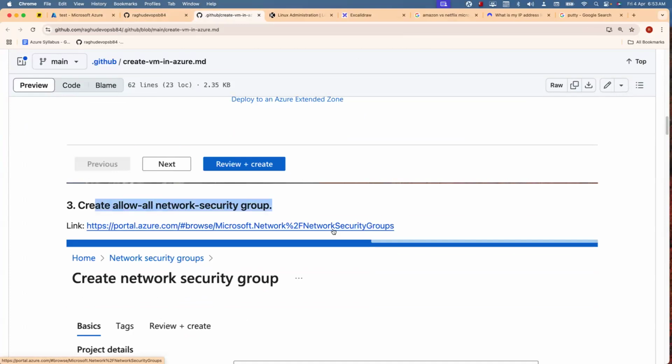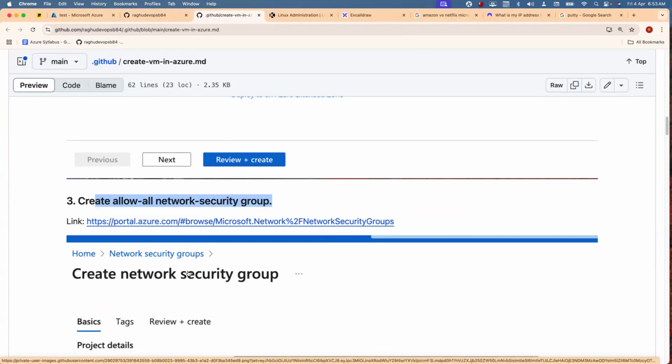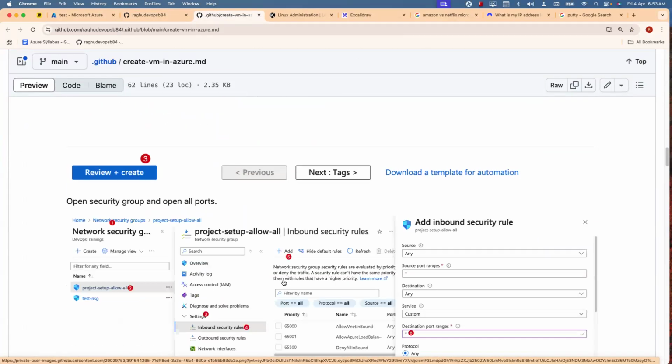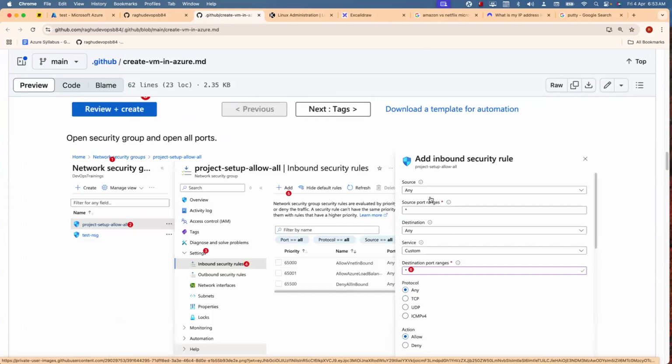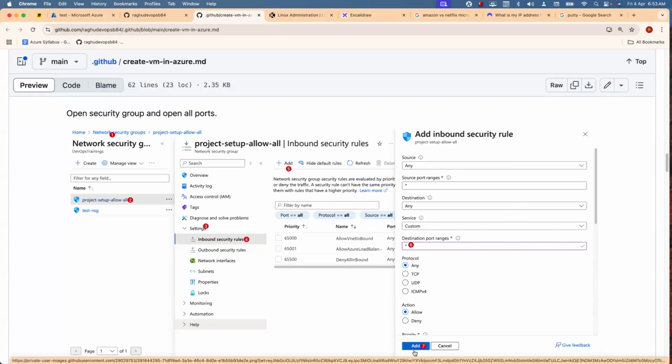This allow-all network security group is the firewall. A network security group is called a firewall. After creating this, what you're telling is that any guy with any port range can reach any of my servers on any port. That is what you have written and added.